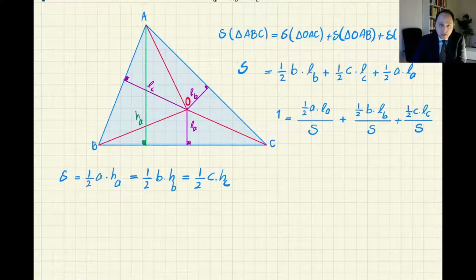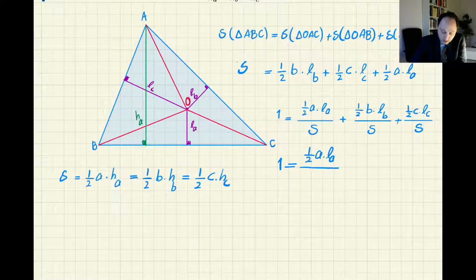But then the idea hopefully becomes very clear. For this S, I choose this formula. For this S, I choose this one. For this S, I choose this one. Because all of them are actually S's, it is up to me which one I want to use. And then I think it's clear what will happen. So I will repeat this one here, it becomes 1. On the right hand side, I will have 1 over 2a LA.